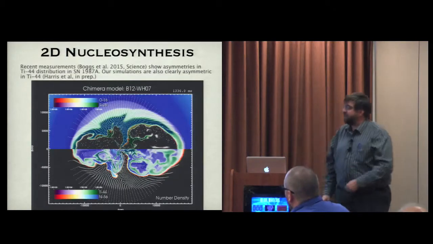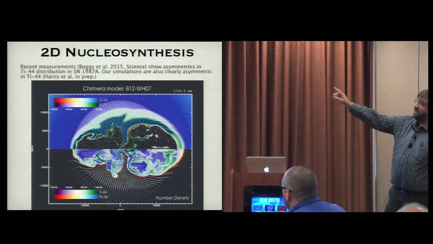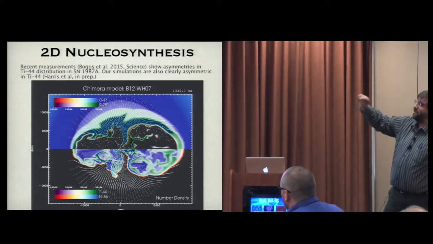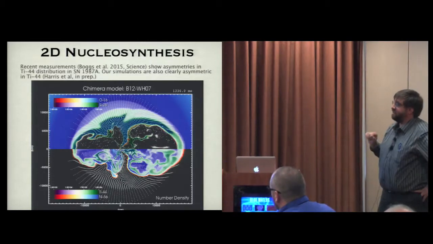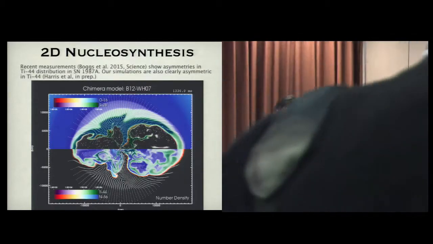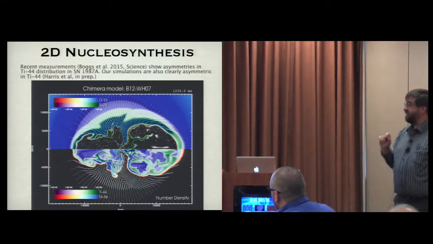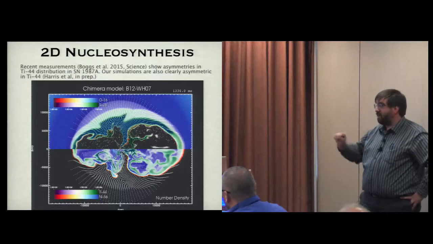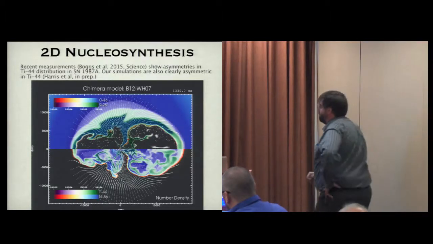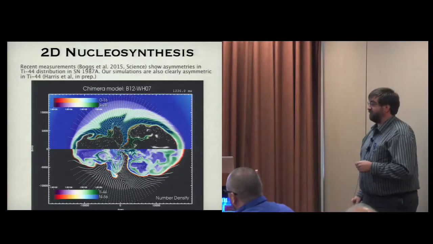And so Christian mentioned this paper before, but in this week's issue of Science, there is a paper showing that the titanium distribution in 1987A is asymmetric. Again, this is not surprising to theory. The green blobs on the bottom of this image represent places that are rich in titanium-44 in one of our 2D simulations.